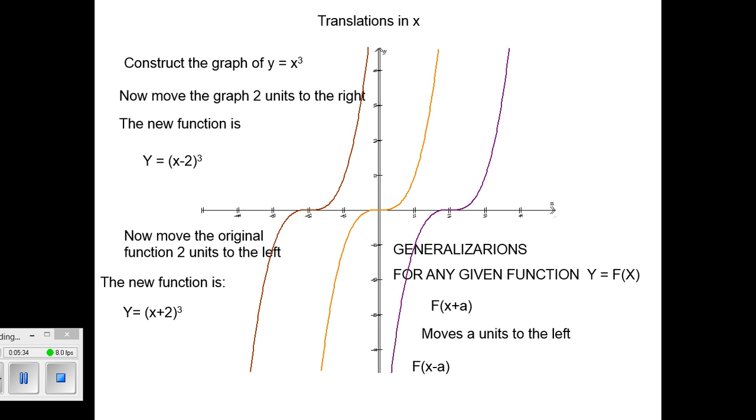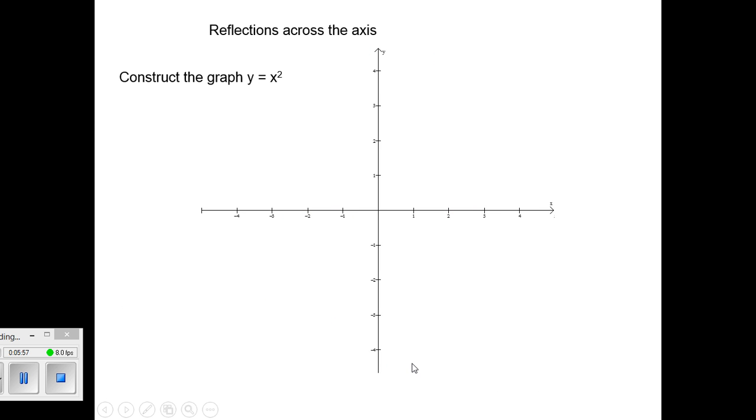And if we were to replace all x's with x minus a, then that would be moving it a units to the right. Okay, so this is our translations in x, which are accomplished by replacing x with x plus a to move it to the left, x minus a to move it to the right.